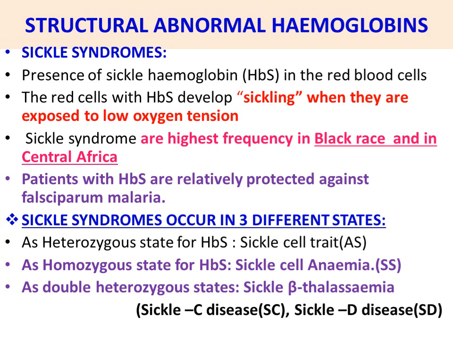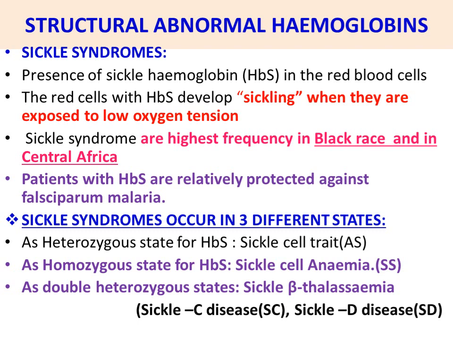Next, structural abnormal hemoglobins. Sickle syndromes are characterized by the presence of sickle hemoglobin, HBS, in the red blood cells. The red cells with HBS develop sickling when they are exposed to low oxygen tension. So when oxygen supply to the RBC is less, they become sickled.